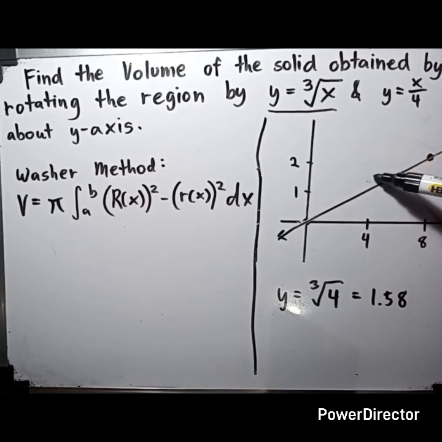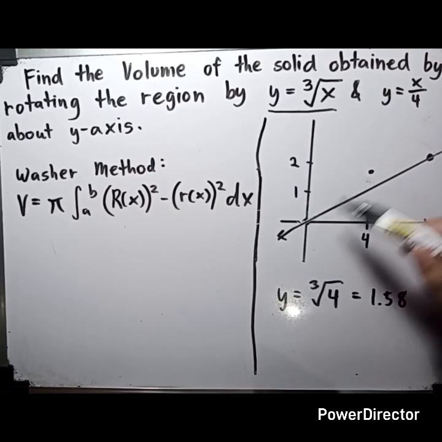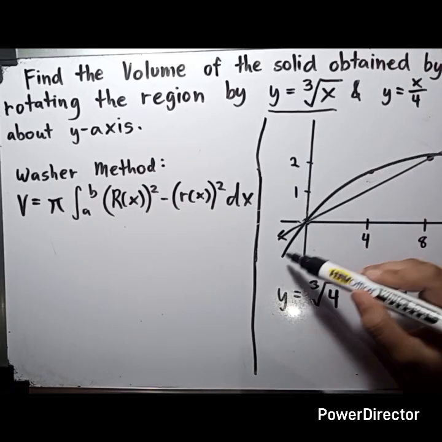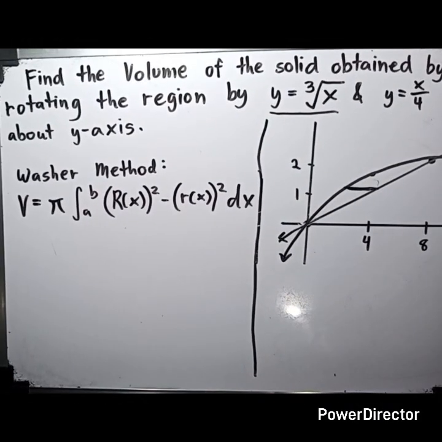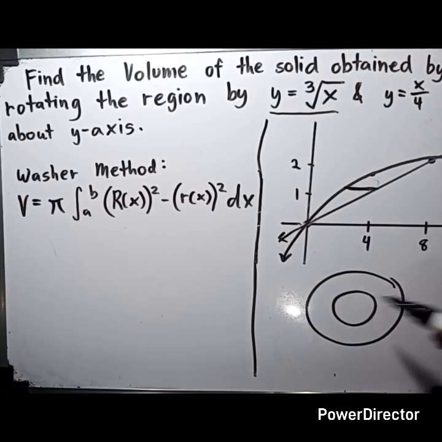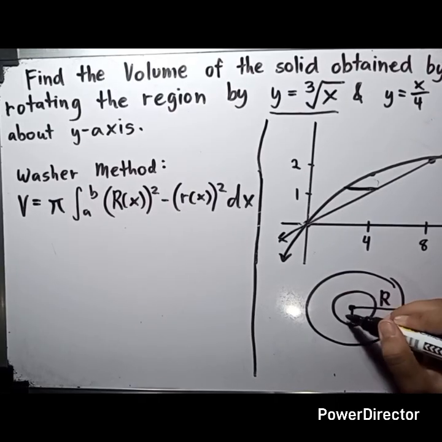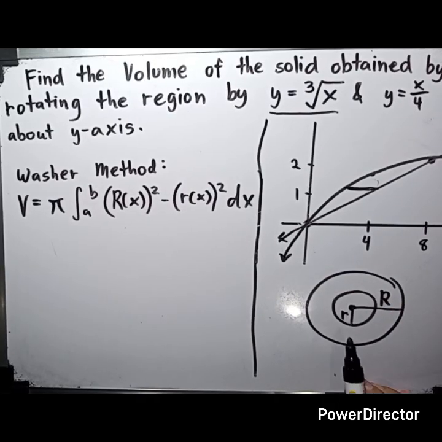Then the curve must be like this. By taking a horizontal strip and rotating around the y-axis, we have formed a hollow circle on its top view. Then we can apply the washer method.